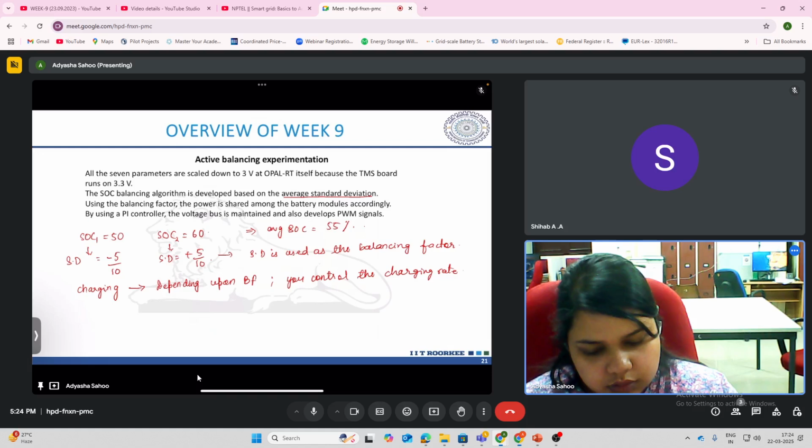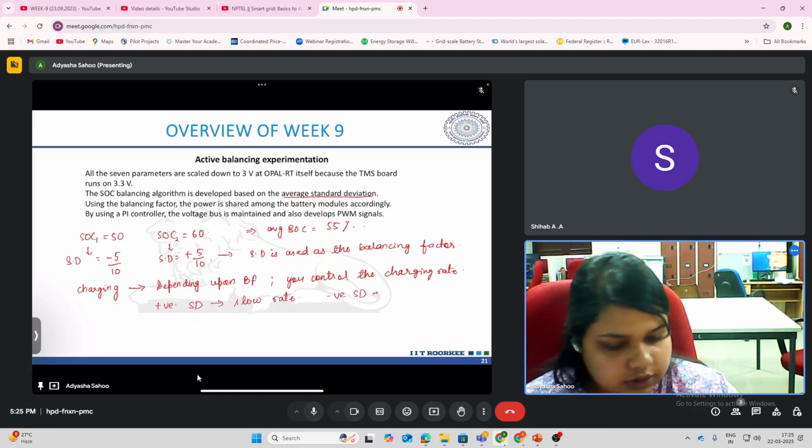So the positive standard deviation while charging will be charged at a slow rate, and the negative standard deviation will be charged at a faster rate.